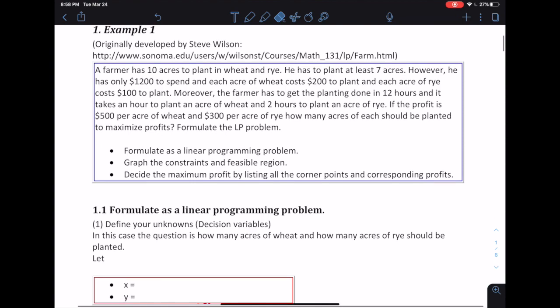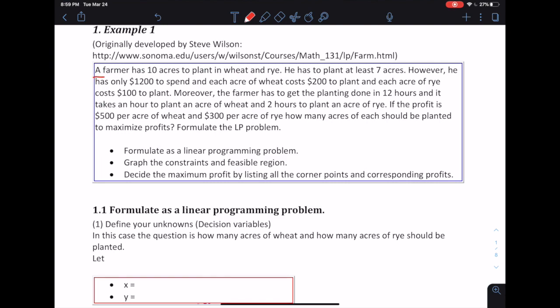Here it says we have a farmer, and the farmer has 10 acres to plant in wheat and rye. So he is producing two different products, wheat and rye. Many students may ignore some information, but when you solve a linear programming problem, you must carefully look at each piece of information.